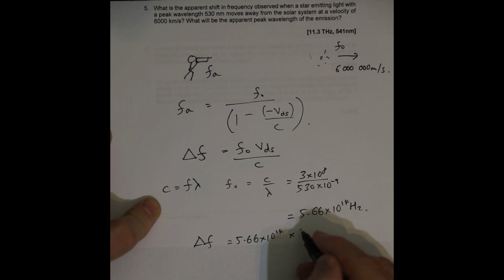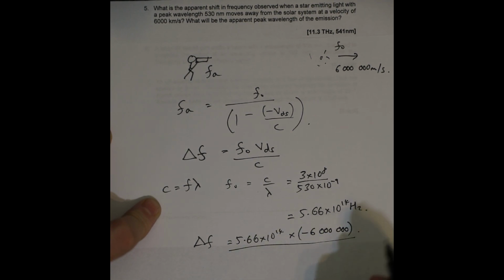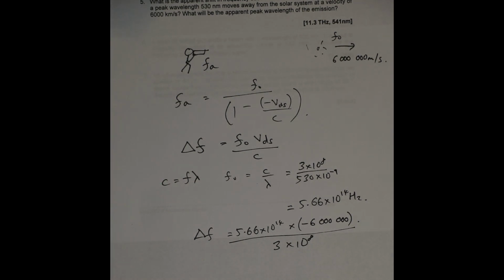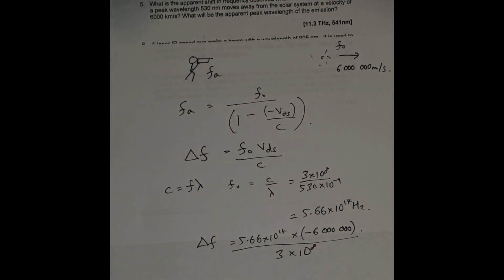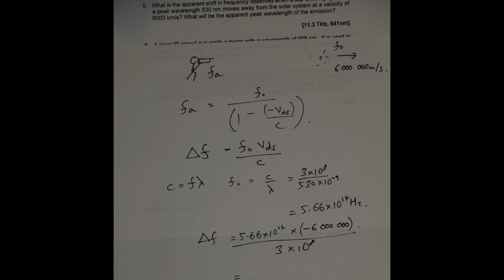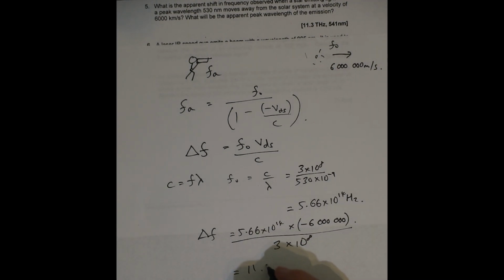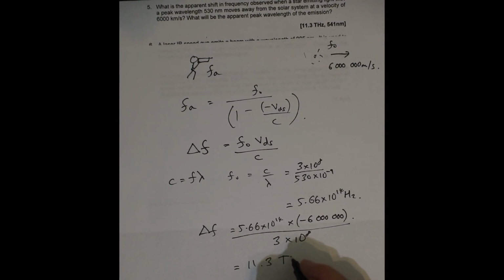So it's multiplied by minus 6 million meters per second, and then we divide that by the speed of light, which is 3 times 10 to the 8 meters per second. That's going to give us a value for the frequency shift of 11.3 terahertz.